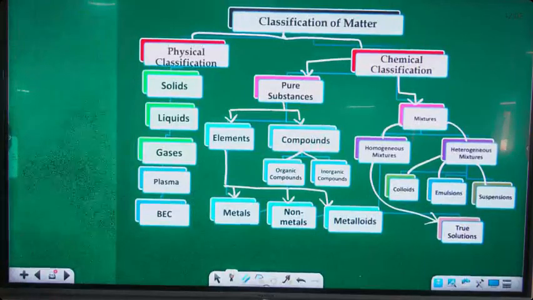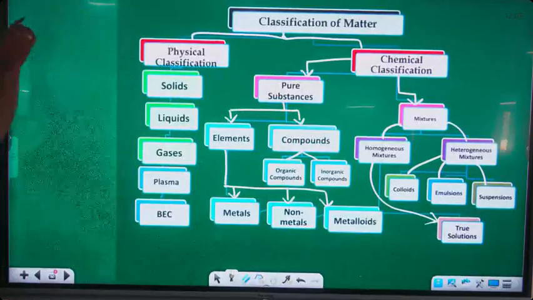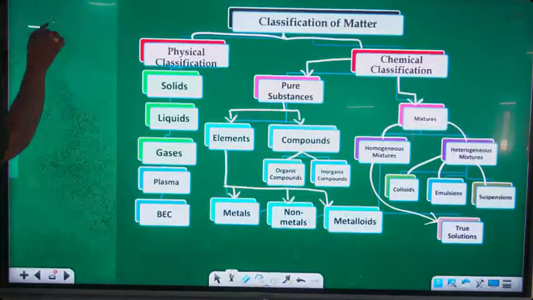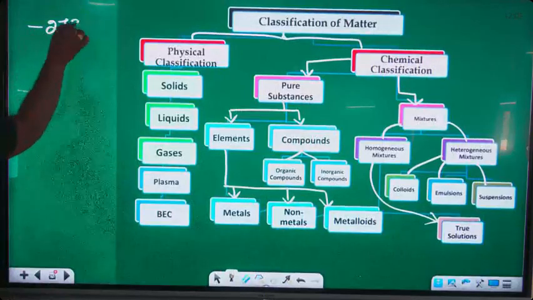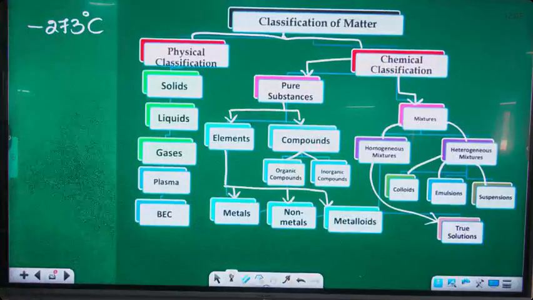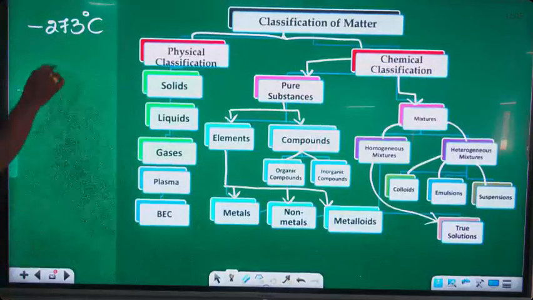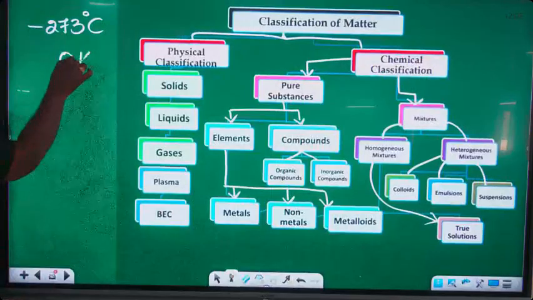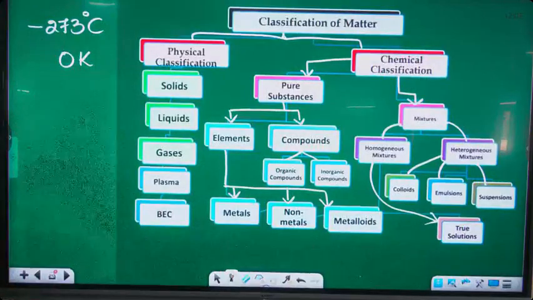The state of matter which exists at minus 273 degrees centigrade or 0 Kelvin.